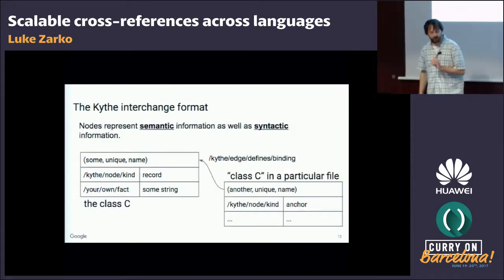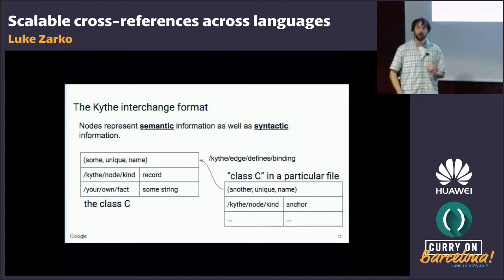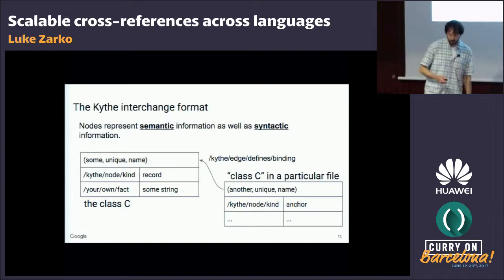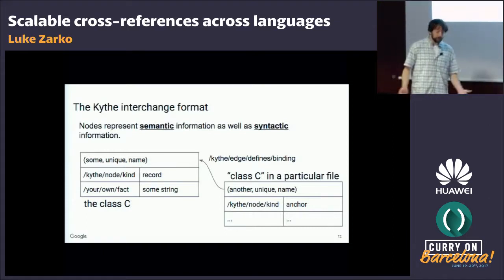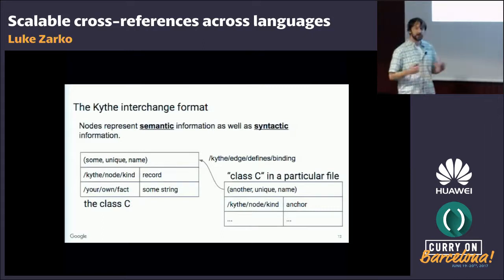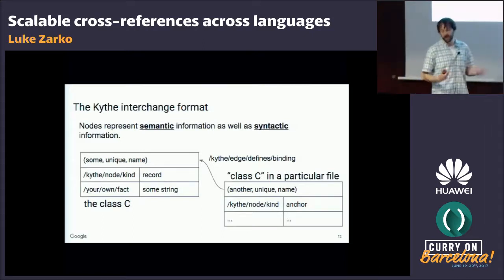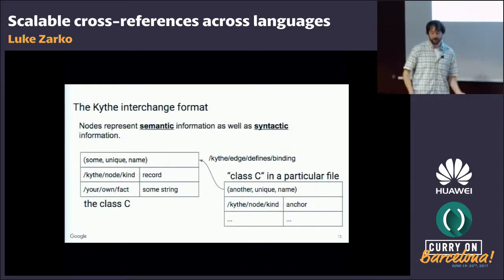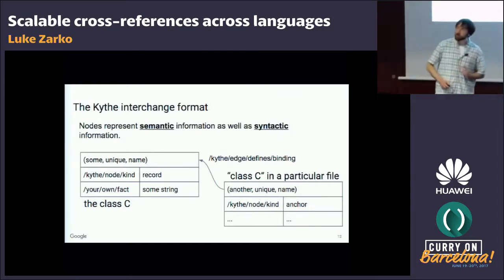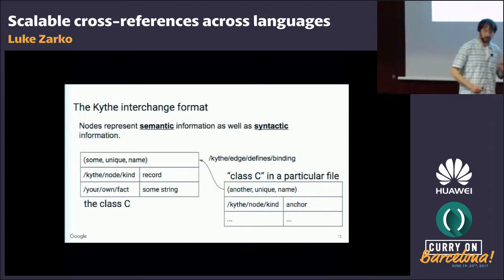In our graph, we have nodes that represent both semantic information and syntactic information. So an example of semantic information is the thing I just showed you, right? We have a node in the graph that represents some record. So it came from a struct or a class in Java. And it says, this is a record, this has some unique name. But we'll also have a representation of the binding site in your source code that caused that record to come into being.